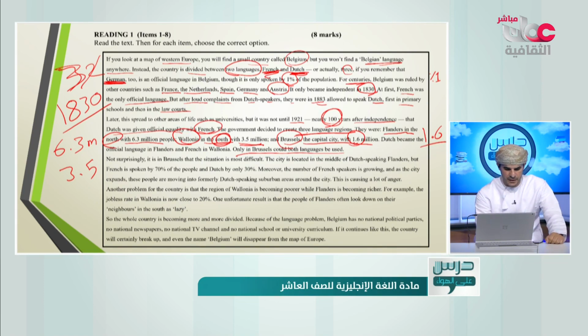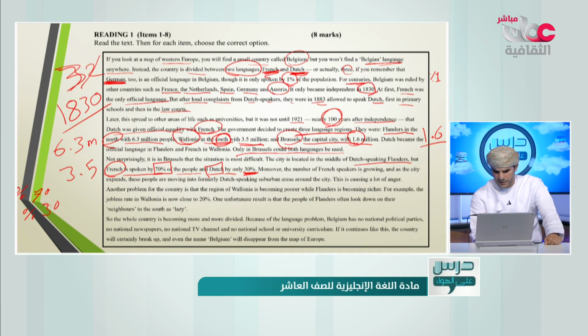Like this. Not surprisingly, it is in Brussels that the situation is most difficult. The city is located in the middle of Dutch-speaking Flanders, but French is spoken by 70% of the people and Dutch by 30%. Look, 70, 30%.